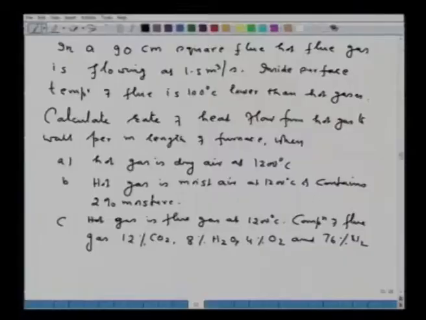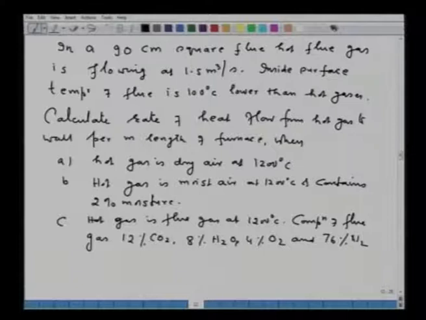Now, in the next two problems I will be illustrating the heat transfer coefficient, heat losses by convection and radiation, and their comparison. The problem is as under: in a 90 centimeter square flue, hot flue gas is flowing at 1.5 meter cube per second. The inside surface temperature of the flue is 100 degrees C lower than the hot gases. Calculate the rate of heat flow from hot gas to wall per meter length of furnace when the hot gas is dry air at 1200 degrees Celsius.